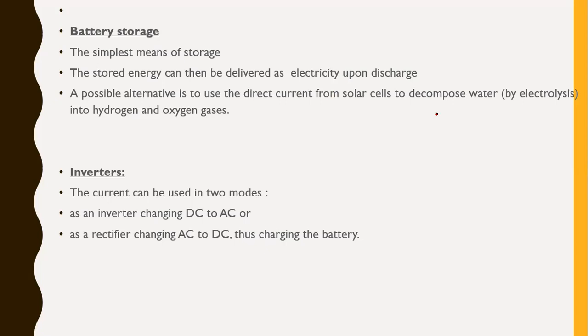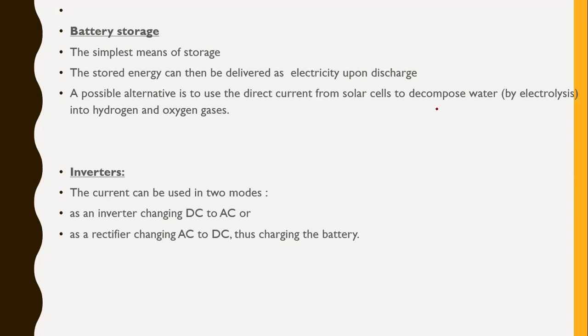It is used in electric storage batteries, especially with solar cells, because these produce the direct electric current required for battery charging. The energy stored in the batteries is delivered as electricity upon discharge.